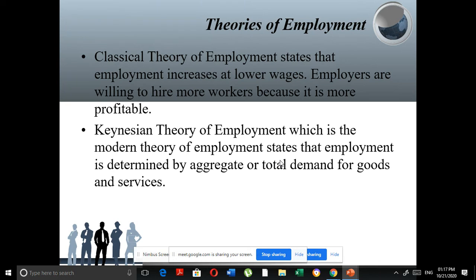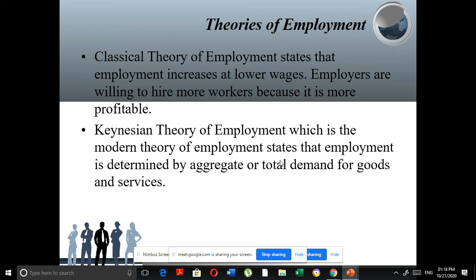You understand the difference? If you give lower salaries, minimum wages, employers are willing to hire more workers, more employees, because for them it is profitable.